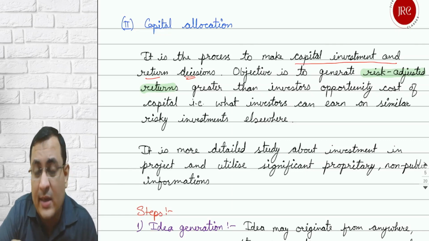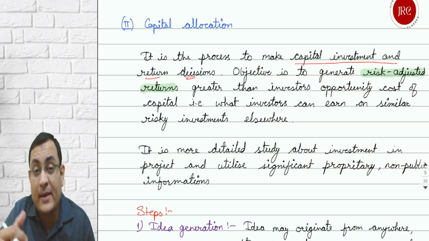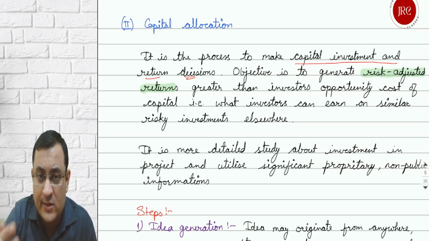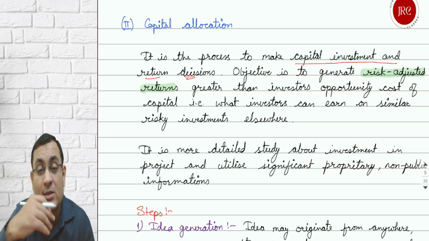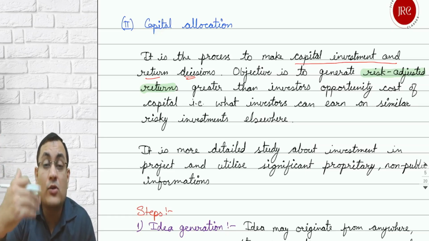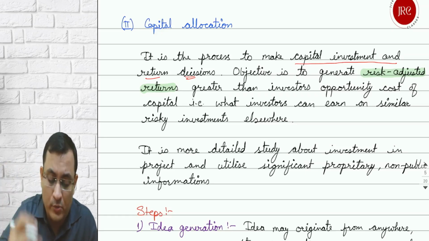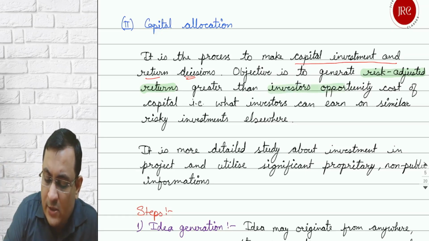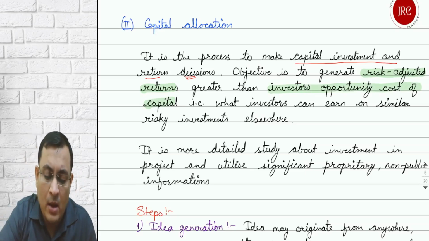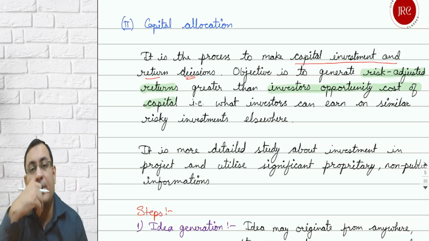If risk is increasing, the expectation of investors will also increase, and if risk is going down, then the expectation will go down. So we want to maximize risk adjusted return, that is, after considering the risk, the overall return should increase. Increase over what? It should be greater than the investor's opportunity cost of capital. Now the question is, what is this opportunity cost of capital?